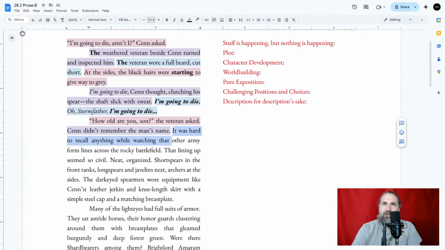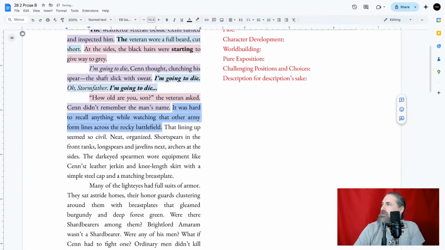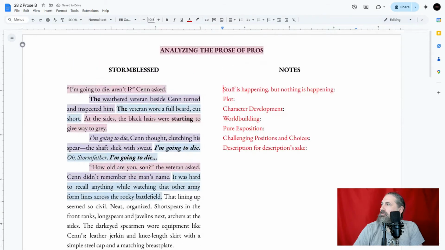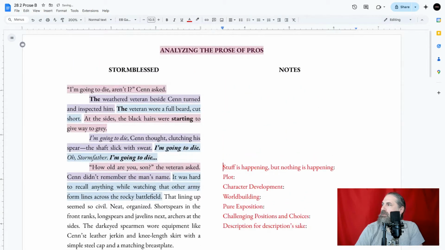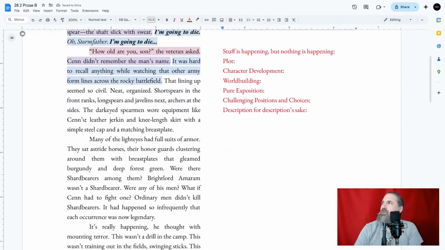All right. And then this is the next sentence. "It was hard to recall anything while watching that other army form lines across the rocky battlefield." This is definitely through character, because this is character POV. It's what they are paying attention to. It was hard to recall anything while watching.